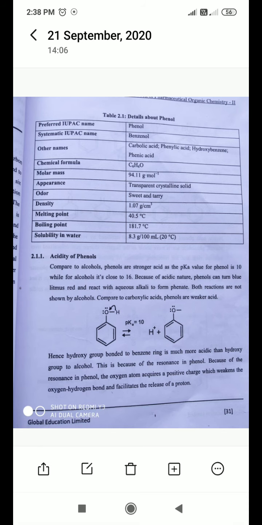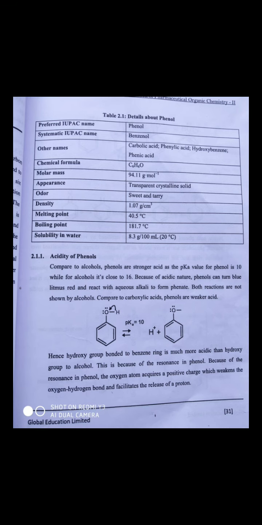Okay, and in phenol, what is the number of carbon atoms? 6 carbon atoms. What is the molecular formula for phenol? C6H6O. And what is the molecular formula for benzene?